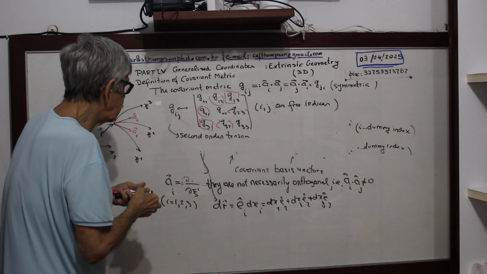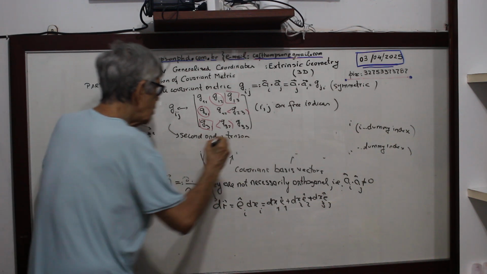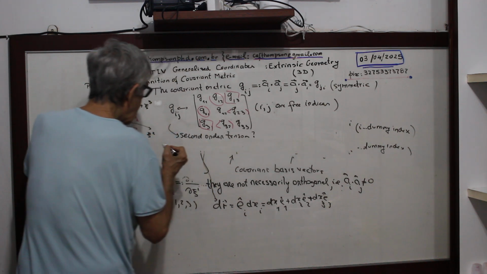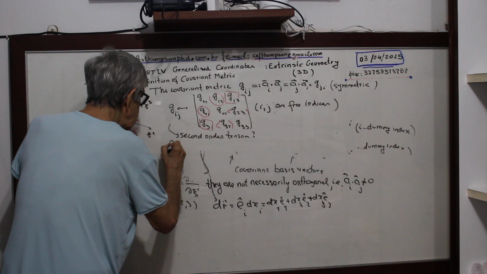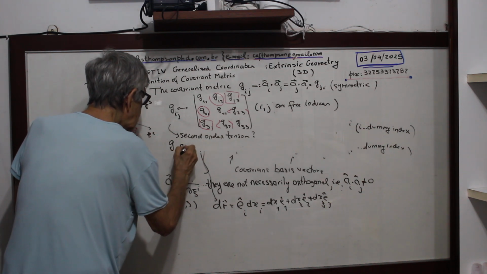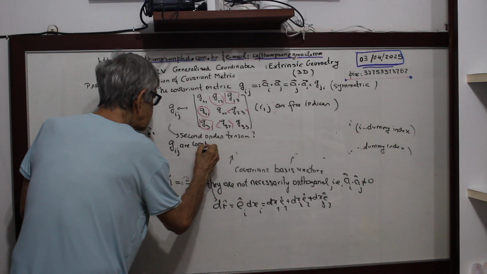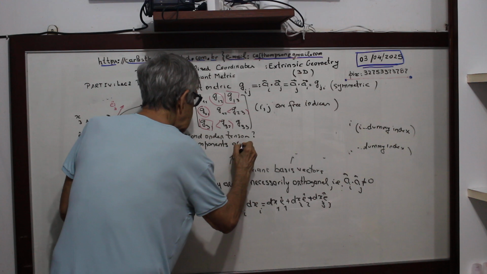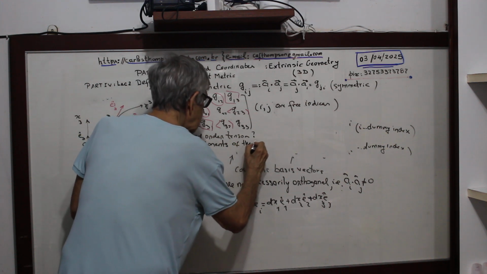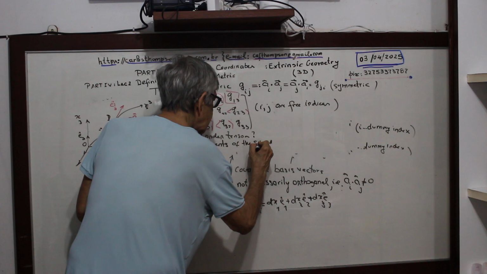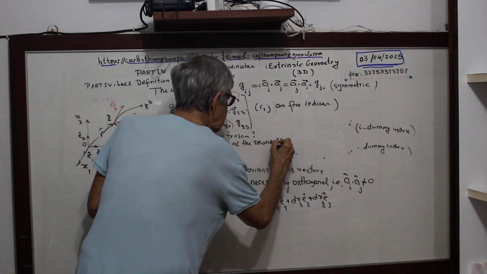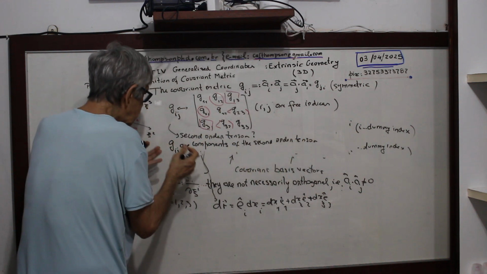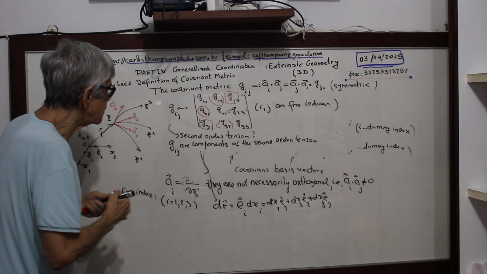So what I'll show you is that Gij are components of the second order tensor. Why? Because I'll show you this next time.